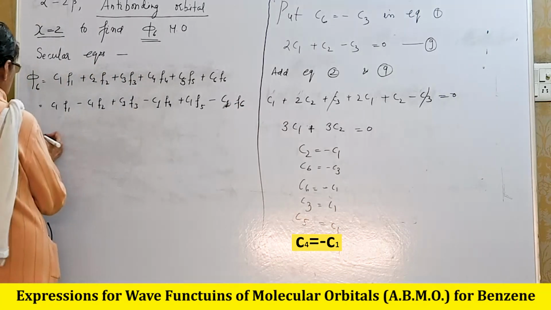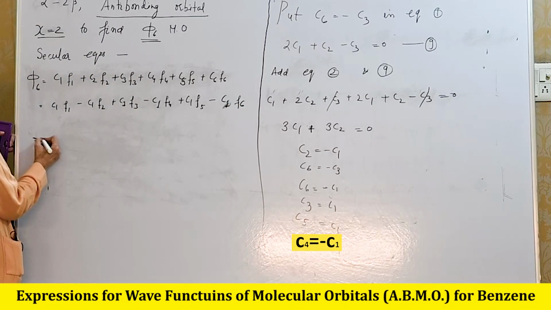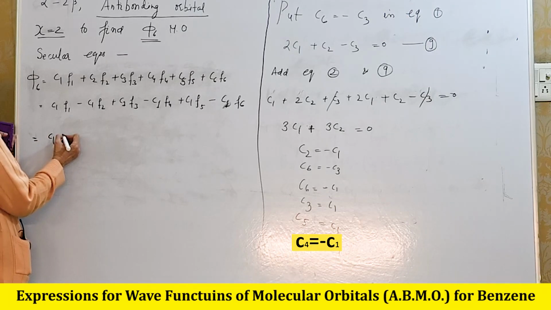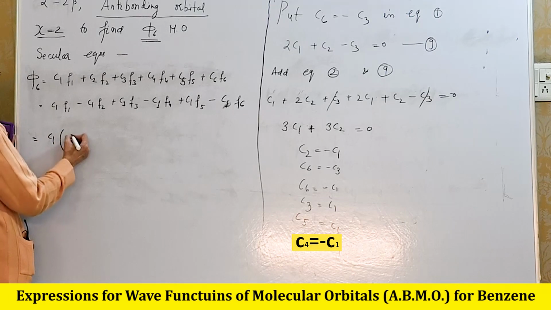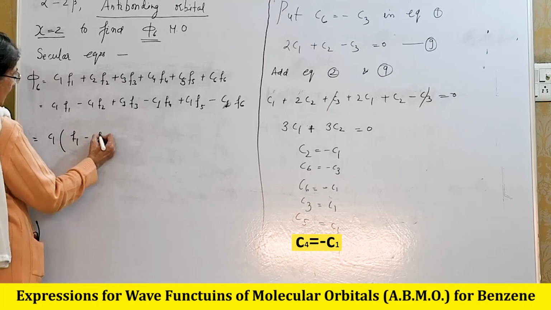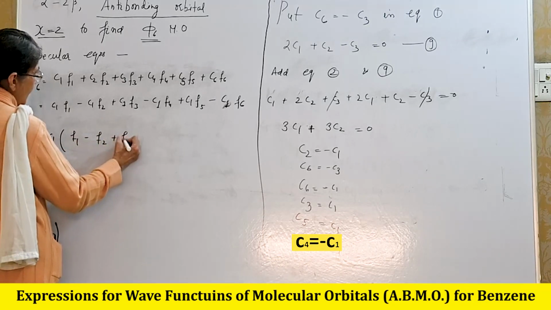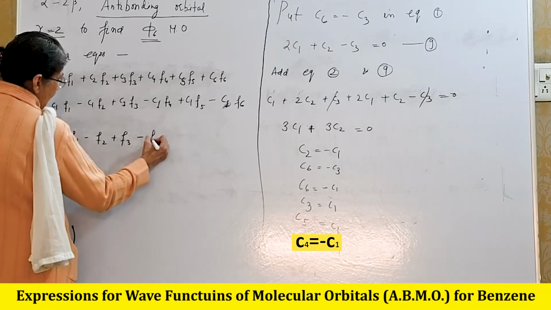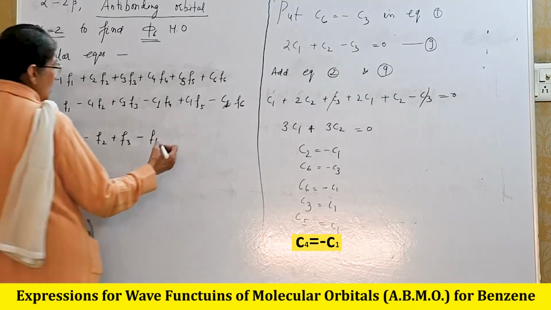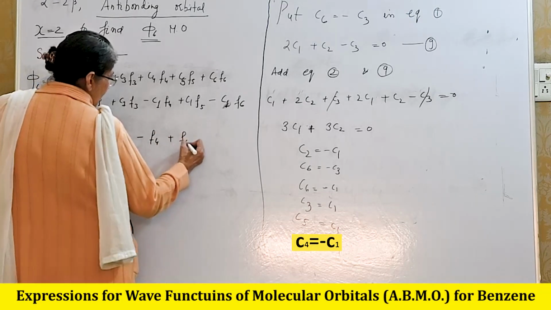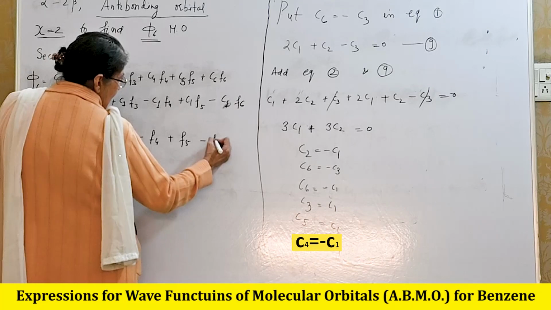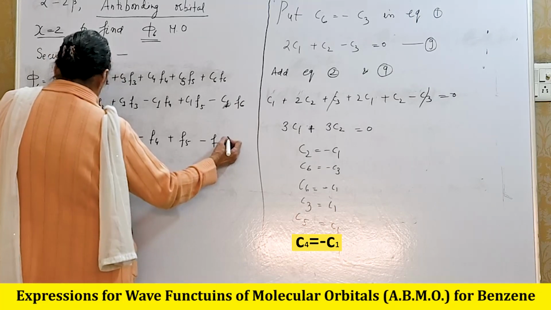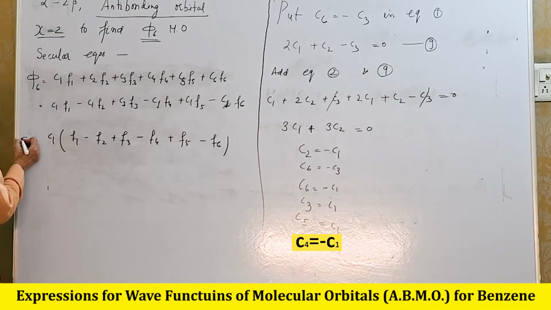So we get C1 times F1 minus F2 plus F3 minus F4 plus F5 minus F6. This is phi 6.